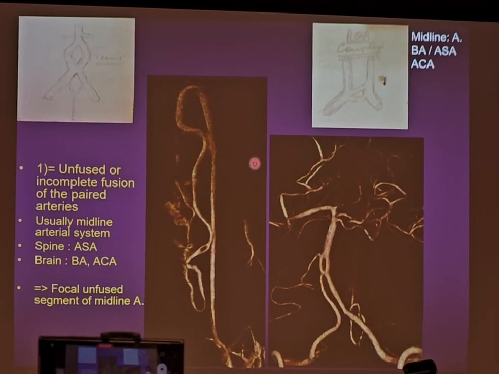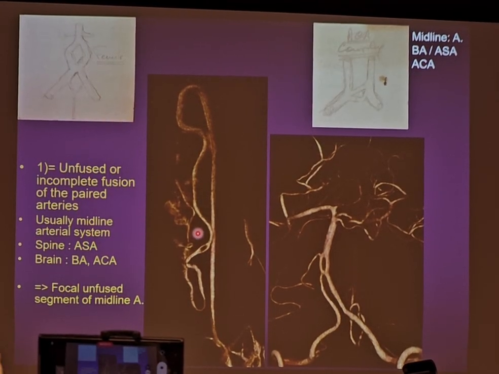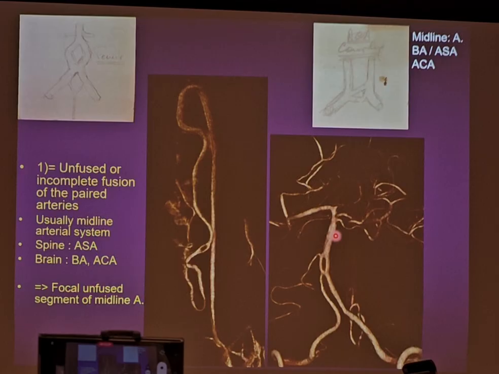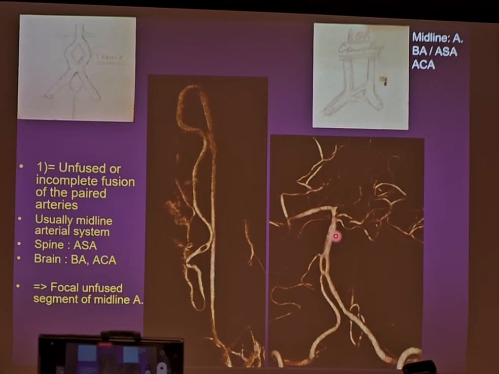It will be seen mostly in the midline arteries, for example the basilar artery, where we expect complete fusion. But if there is a segment that is unfused, you call this whole vertebral, focal, unfused, incompletely fused, whatever, rather than fenestration, because calling it fenestration is a little bit confusing.